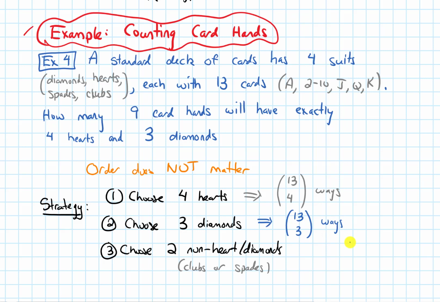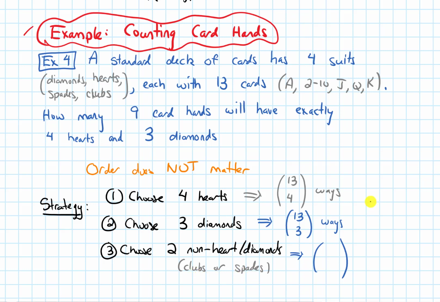And then finally, I got to think about, okay, choosing these 2 non-heart, non-diamond cards. And again, the order in which I choose them does not matter. So I'm going to use a combination, narrow parentheses. So how many cards are there that are not hearts and not diamonds? In other words, how many cards are there that are either clubs or spades?